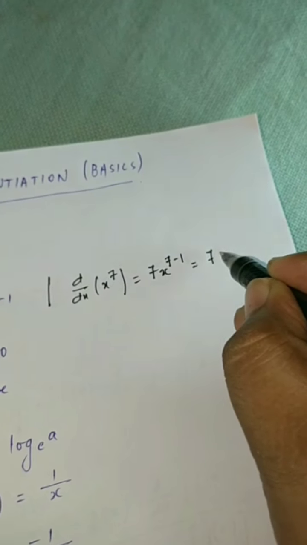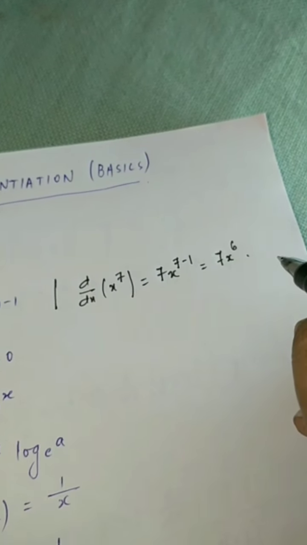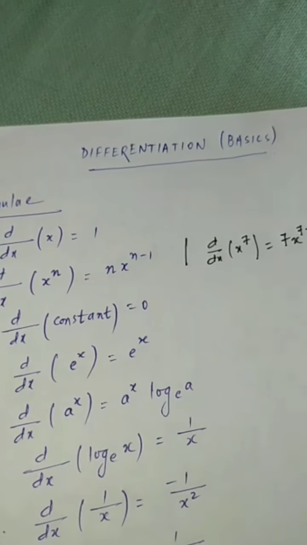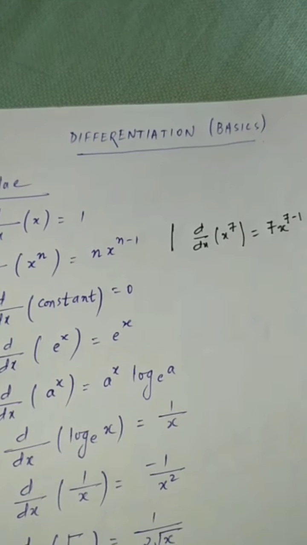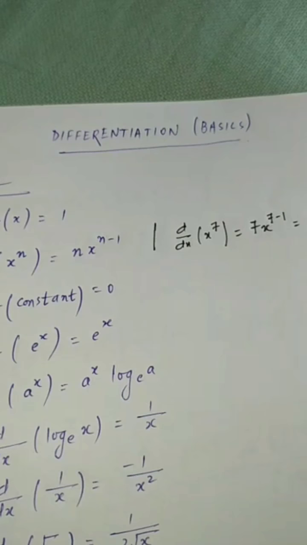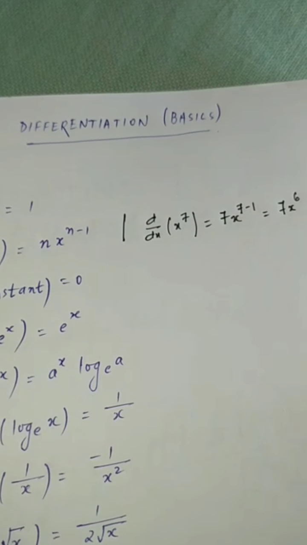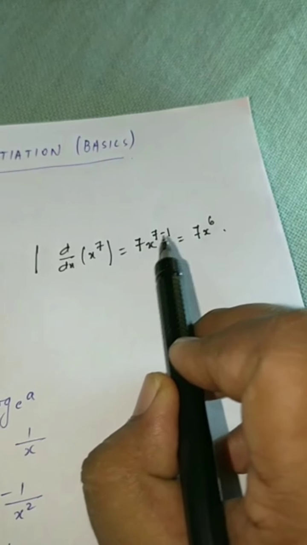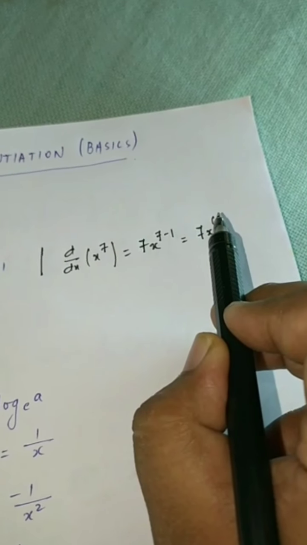So it is 7x power 6. I hope it is clear. The formula is d/dx of x power n is n x power n minus 1. Whatever the power was comes and sits in front, and now the power reduces by 1. It was x power 7, 7 came and sat in front, and now the power is x power 6.